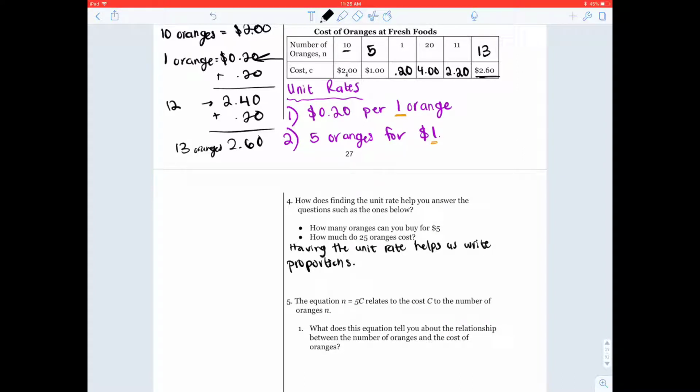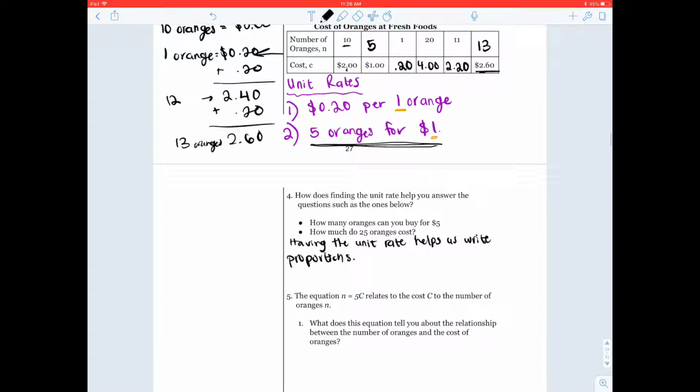Well, if we take a look here, the first bullet says how many oranges can you buy for $5? If we take a look at this unit rate here, if there are 5 oranges for $1 and we're spending $5, what can we do? Hopefully you said multiply 5 times 5. If 5 oranges cost $1, $5 must be 5 times 5.